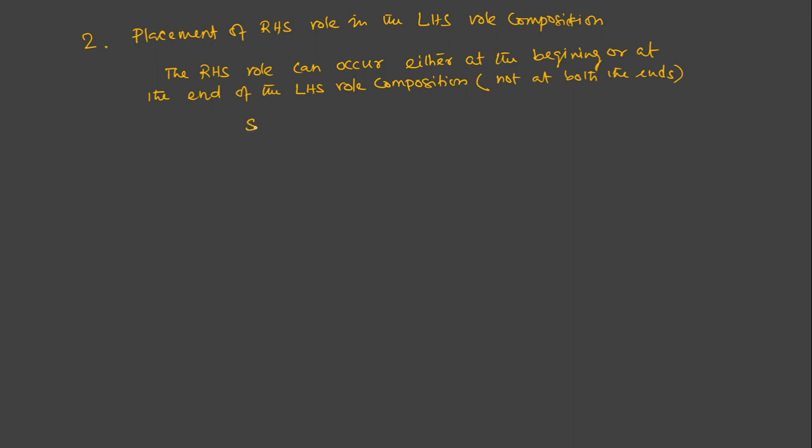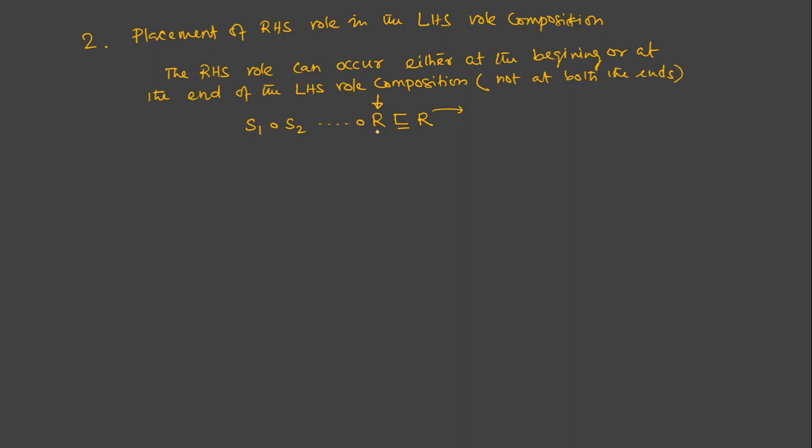Say for example, S1, S2, then composition R. So this is allowed. So this is the left hand side. So this is the right hand side role. So this is the role name that appears in the right hand side, and it is only a role name. It is not an inverse of any role, right? And this is appearing at the end position of the role composition of the left hand side.